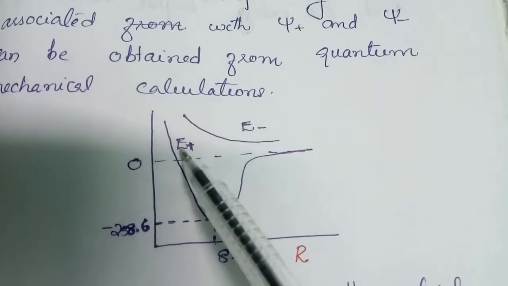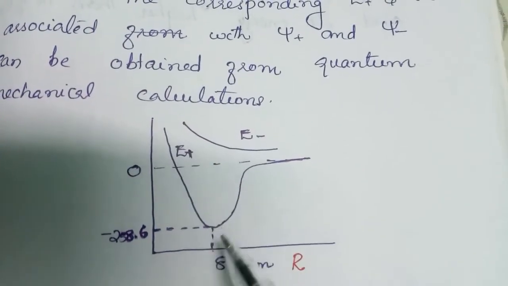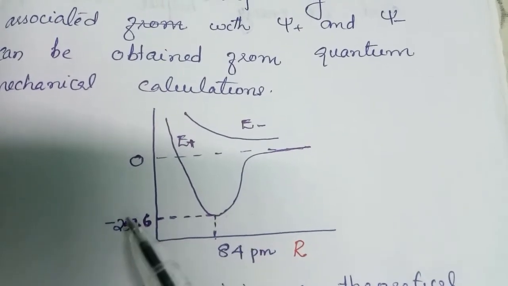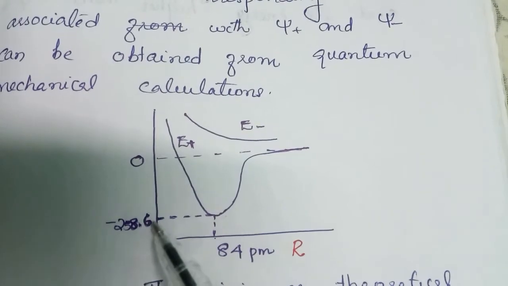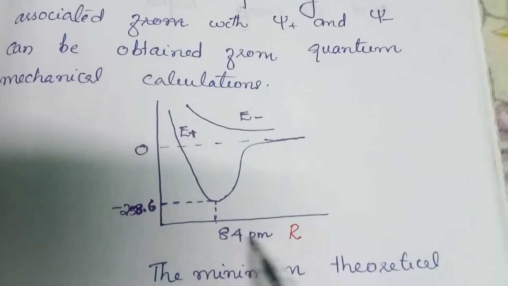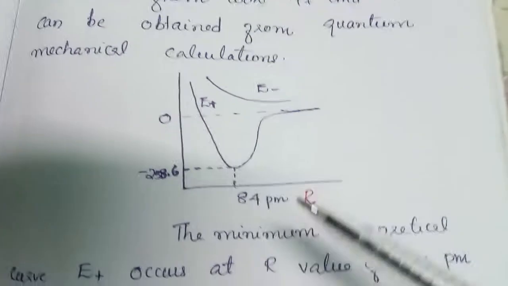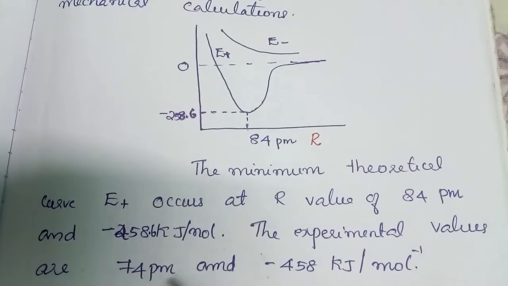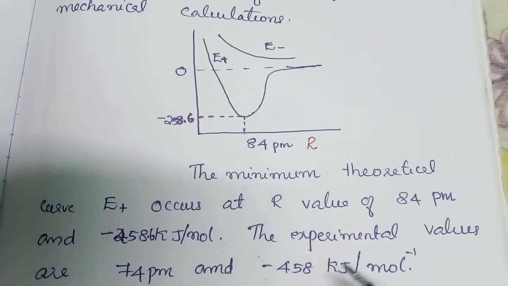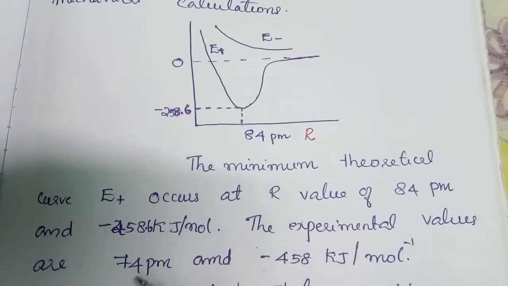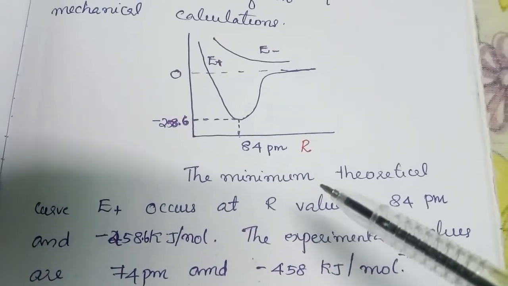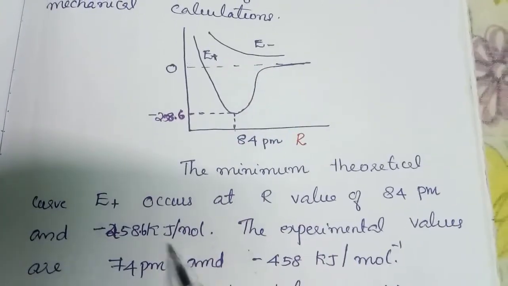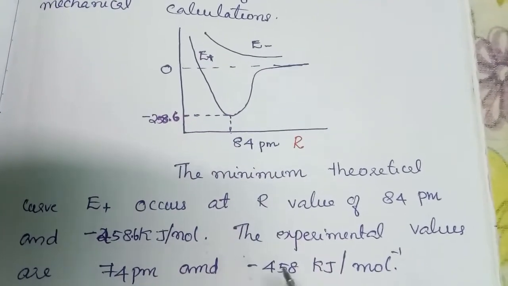So E plus represents the equilibrium state, that stays with the lower potential energy, and the values are about minus 258.6 kilojoules per mole and R of 84 picometer. It is somewhat different from the actual experimental value of 74 picometer and minus 458 kilojoules per mole. So the closer values will be obtained only after considering all the interactions. So only by modifying the trial wave function will we get values similar to these exact values.